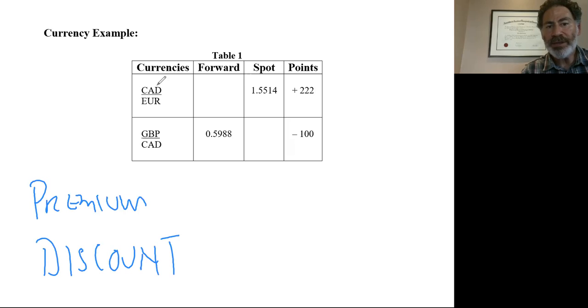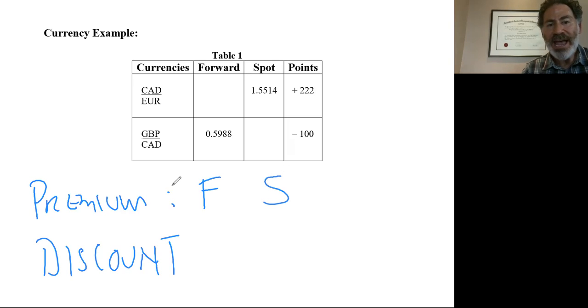Are they talking about the price currency or the base currency? Well, the forward premium or discount is just simply indicated by the forward exchange rate. And we compare this to, well, actually, let's write this in a line here so I can do it neatly. The forward exchange rate compared to the spot exchange rate.